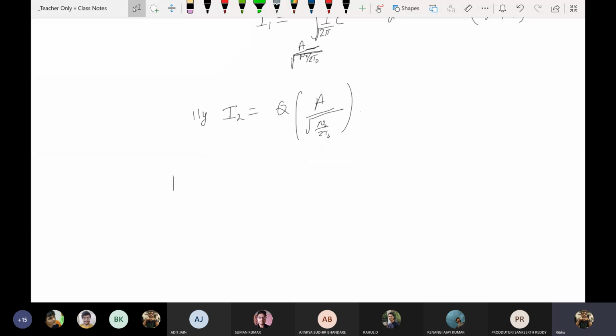Fine. Therefore, probability of error equals Q of a by root N naught Tb by 2.